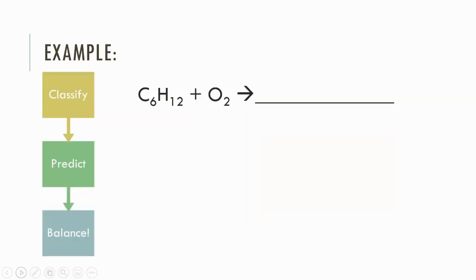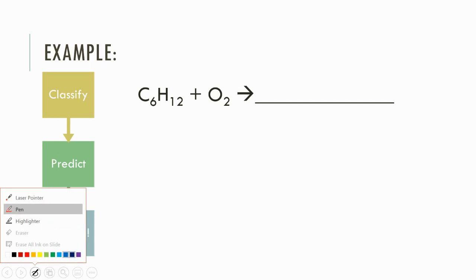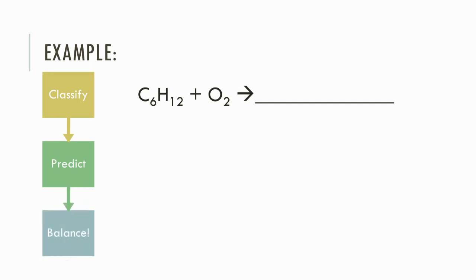I have listed out my 3 steps on all of my example slides so that we can make sure that we are following those properly. So C6H12 plus O2. This is a hydrocarbon plus oxygen. Okay, so that means this is a combustion reaction.